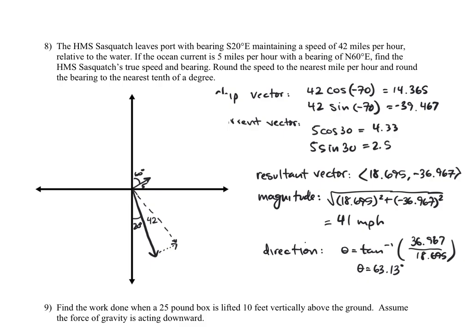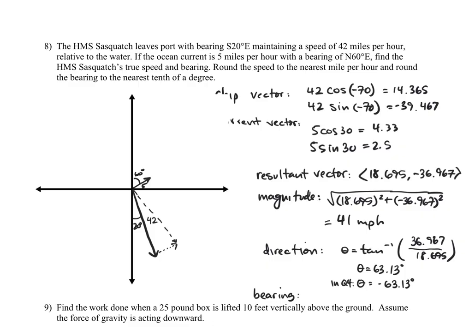Now in quadrant 4, I'm going to make it negative. So then the bearing would be the complement of that, the distance from the vertical axis, which is 90 minus that. Which is 26. It wants us to round to the tenth, so 26.8.